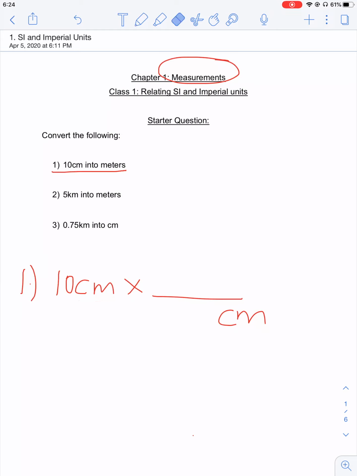And now I'm going to use a ratio that I am already familiar with. Okay, so I know that 100 centimeters is equal to 1 meter. Okay. Now the centimeters and the centimeters will cancel out. And on top you have 10 times 1, which is 10, right?